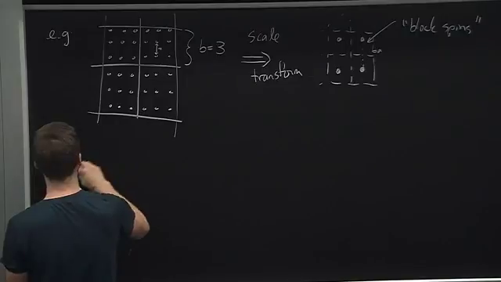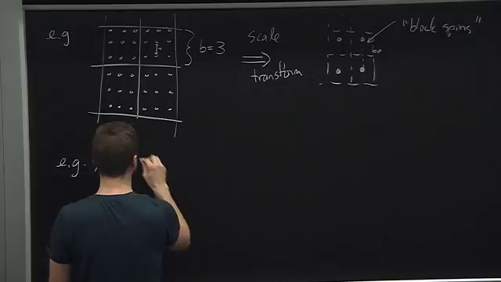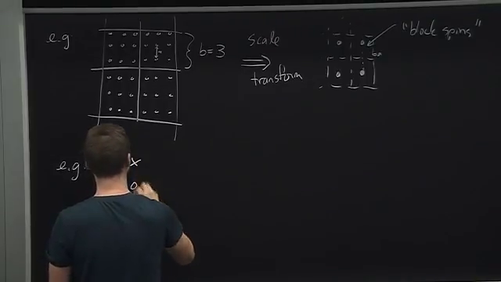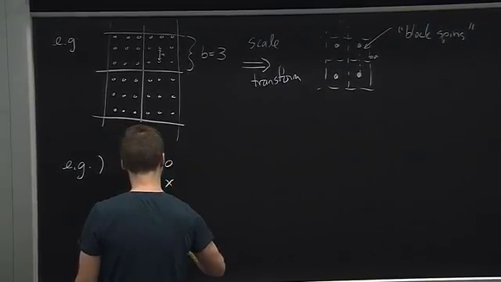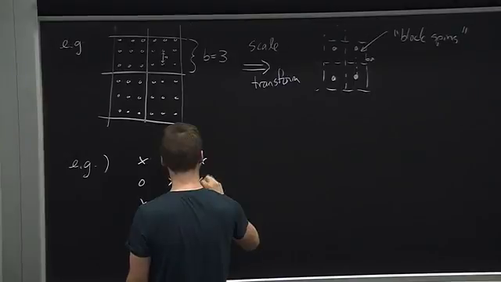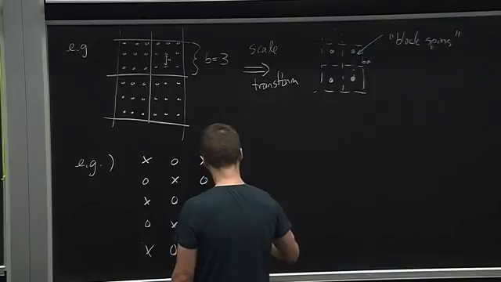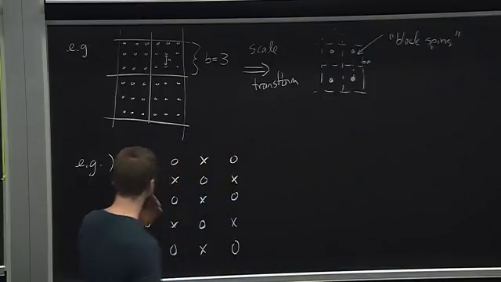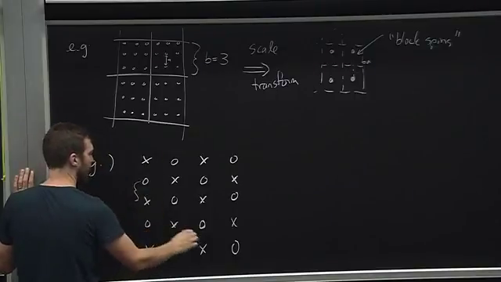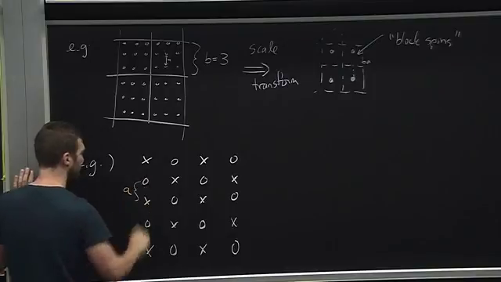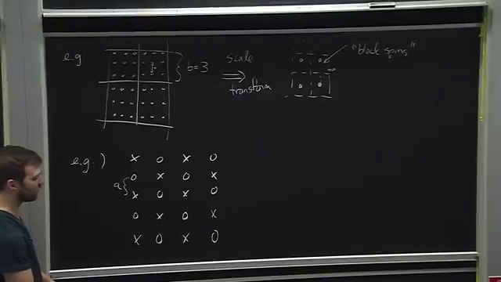I could have also imagined something else, which I'll use later, so let me draw a property. Again, let me just draw a Hamiltonian of length A, microscopic length scale A, and I've just labeled the spins X's and O's.